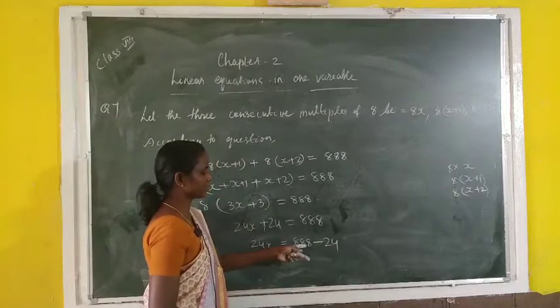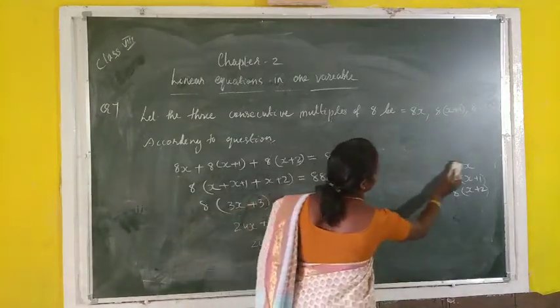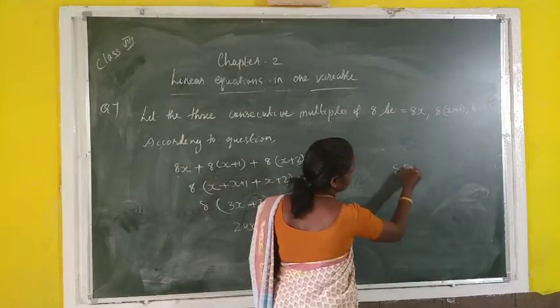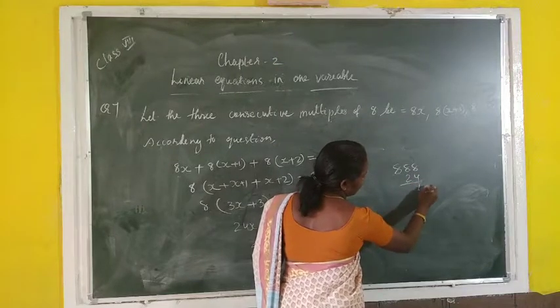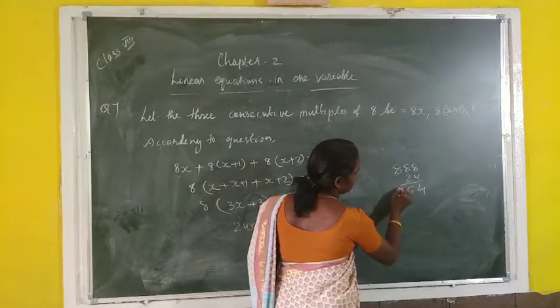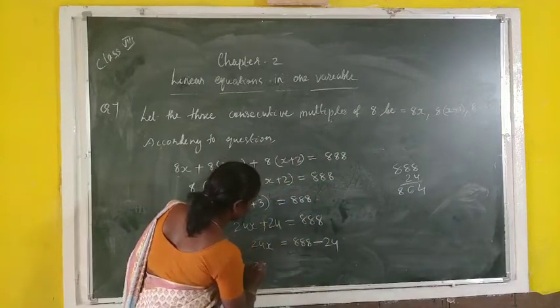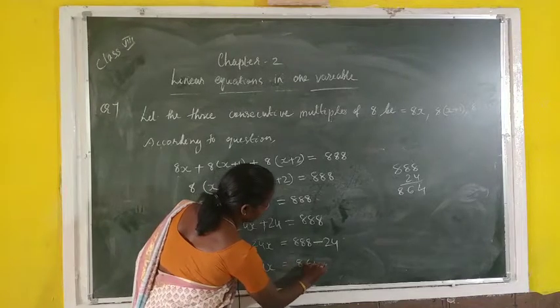Then 888 minus 24, what is the answer? 864. Then 24x is equal to 864.